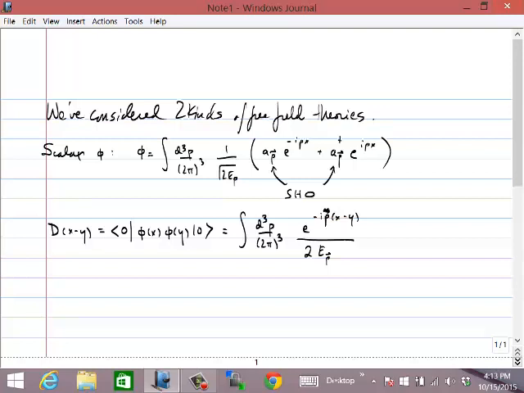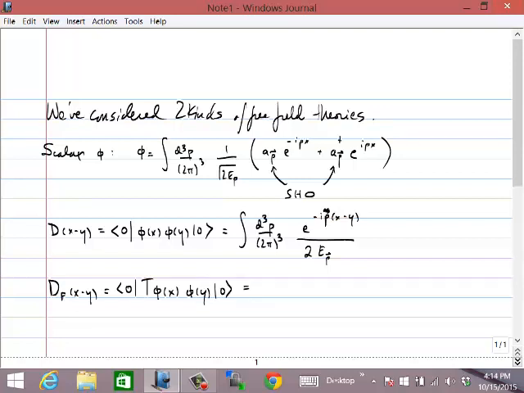It will be convenient for us to study not precisely this propagator, but instead what is known as the Feynman propagator, which we defined as the time-ordered product of phi(x) times phi(y).